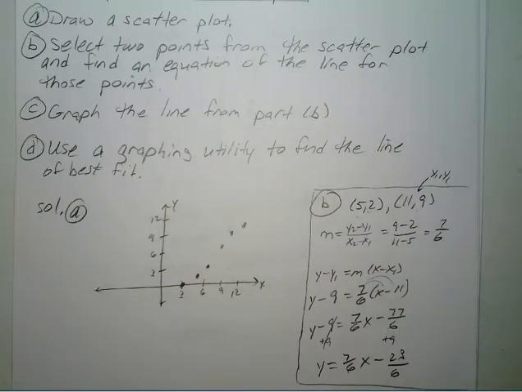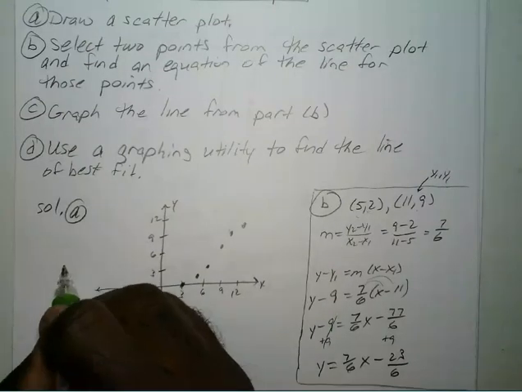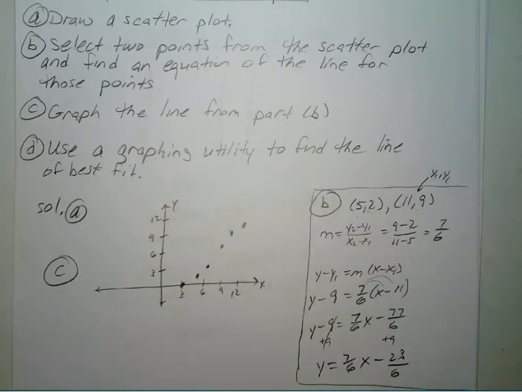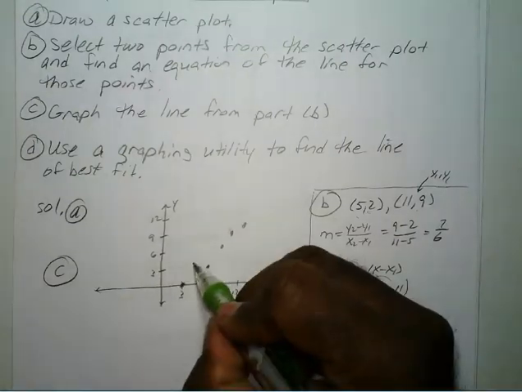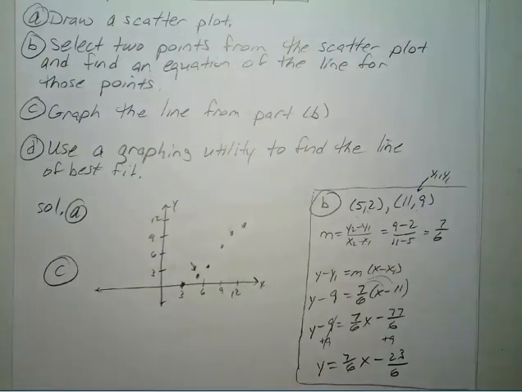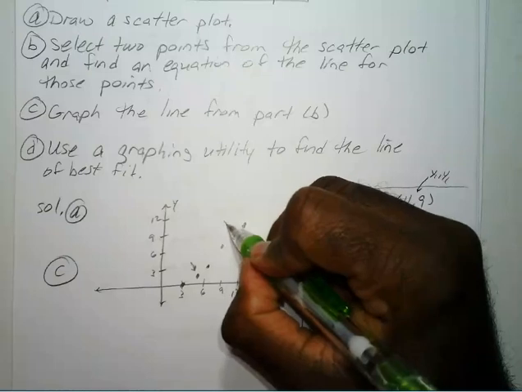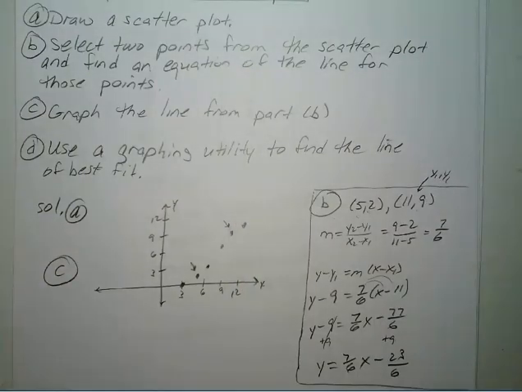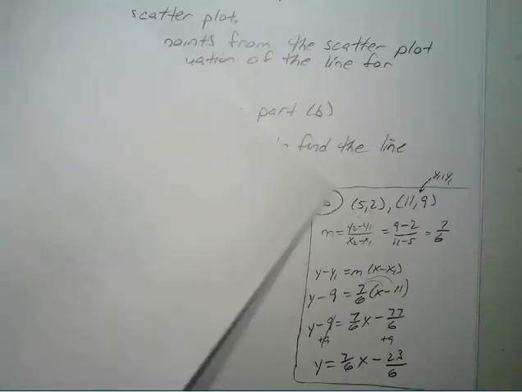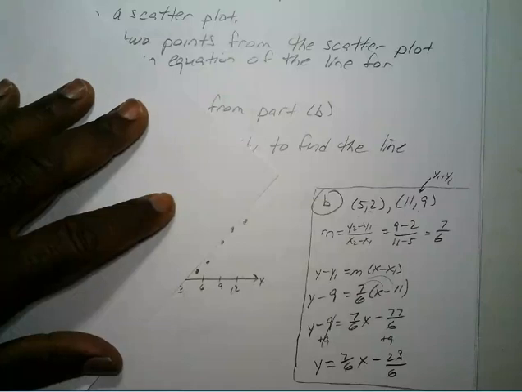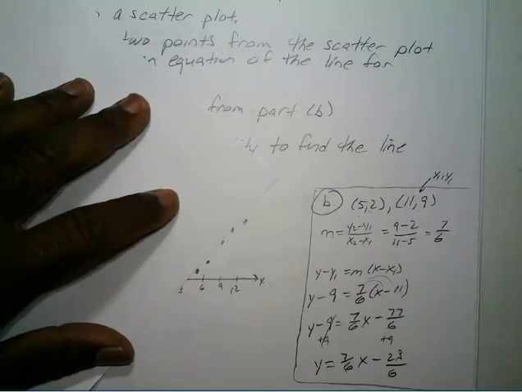Okay, so for C, they want us to graph the line from part B. So I'm just going to go ahead and do C right with this one. Okay, so this is 5, 2, and this is 11, 9. So we're going to just draw a straight line right through those 2 points.